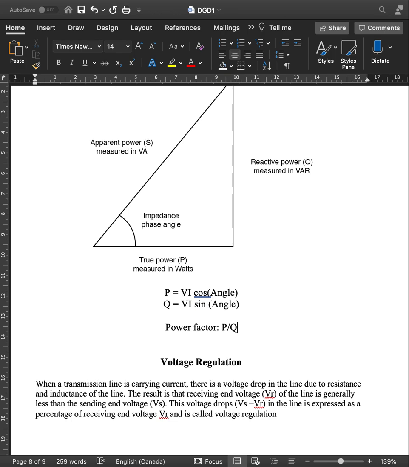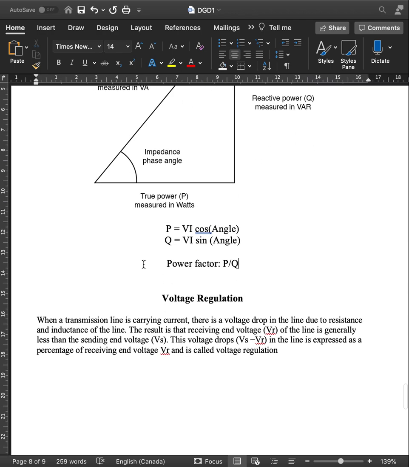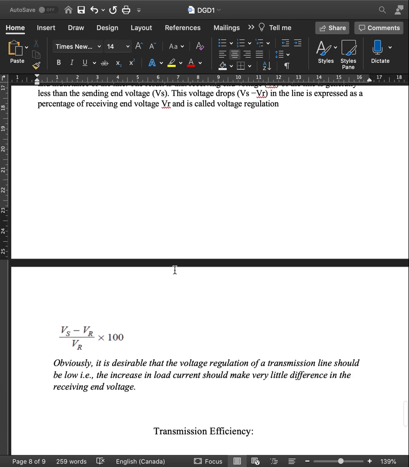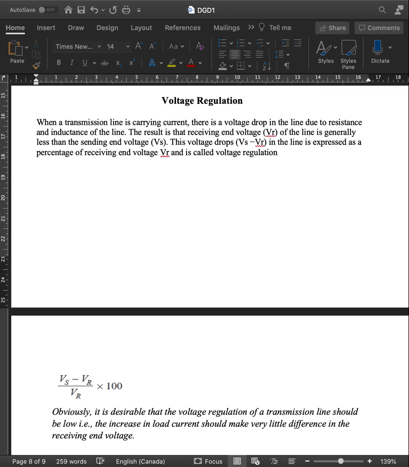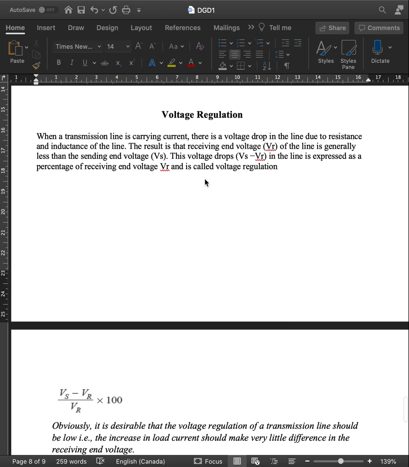So for the voltage regulation here, we can generally calculate it.